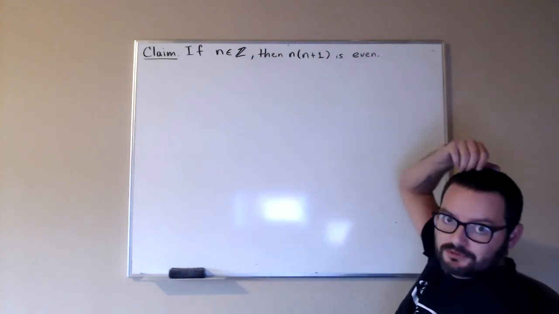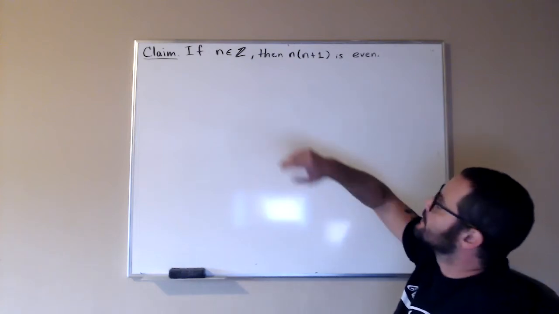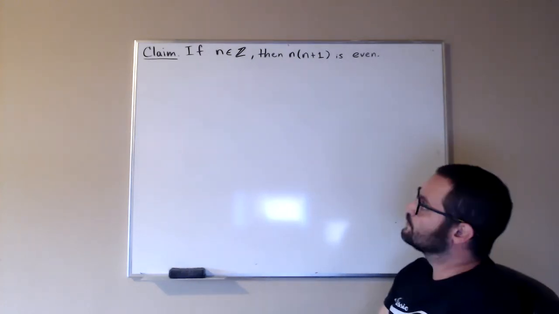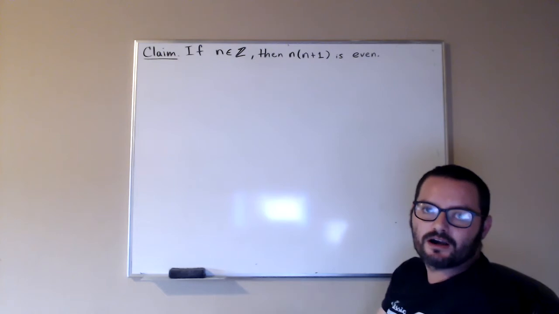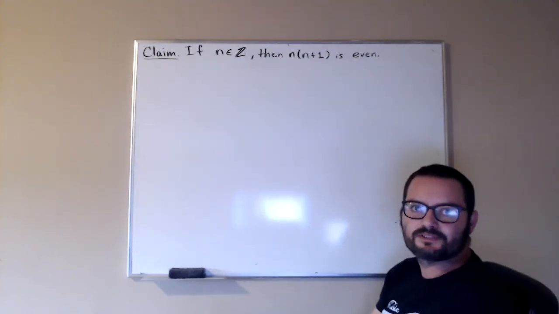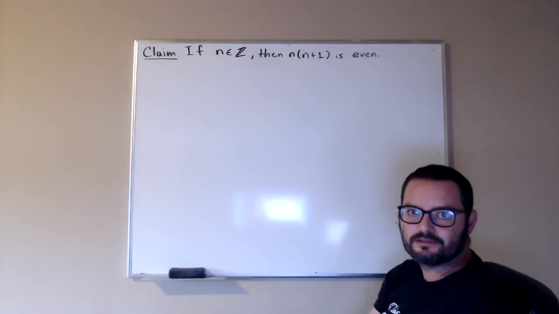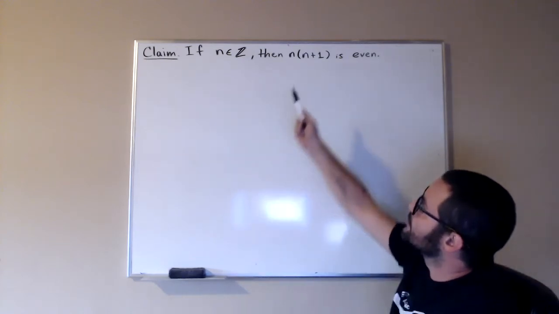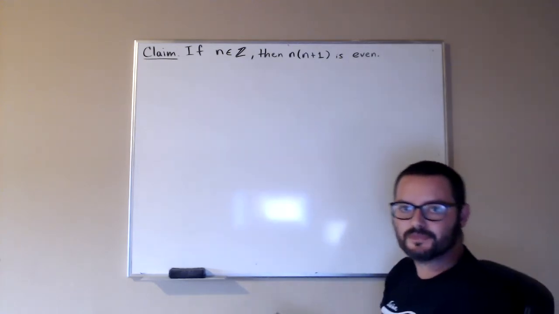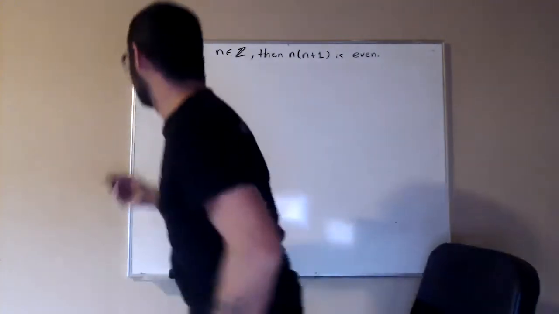So what we're going to do is check when n is even and then show that this must be even, right? And then we're going to assume n is odd and then show that this also must be even. That exhausts both possible cases for n, and then if in both those cases this is even, that would prove the claim. So let's look at what that would look like.